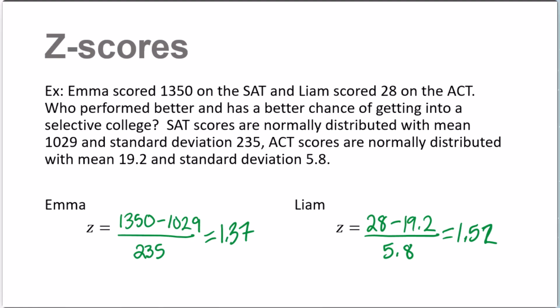But it's showing that Emma scored about 1.37 standard deviations above the mean, and Liam scored 1.52 standard deviations above the mean. So really their scores are pretty close relative to the general population, but Liam's score is a little bit better.